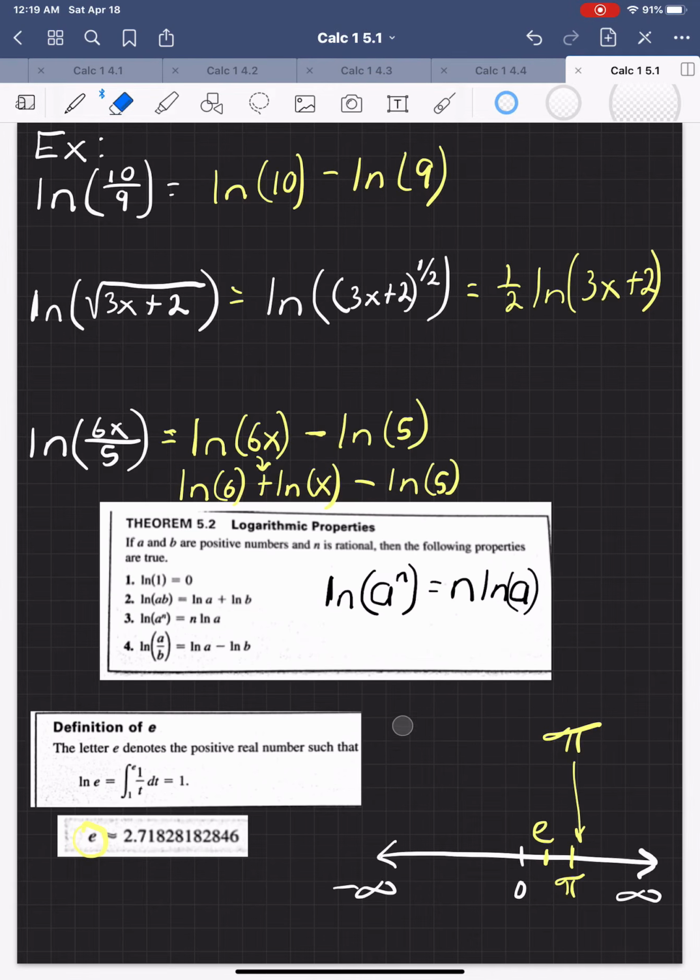Let's start with, if you wanted to take ln of e. I'm going to go ahead and erase this number line.